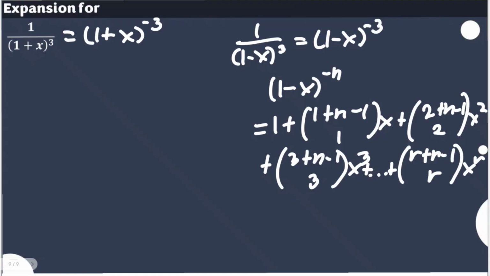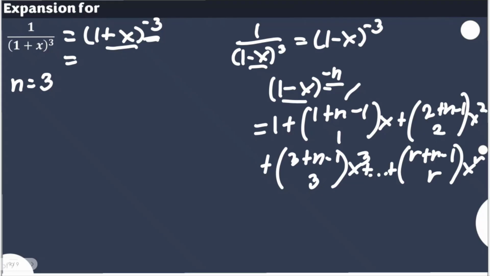Now let's talk about one of the very important concepts we need to understand here. Definitely we can use this, with our n being 3, not negative 3, because negative n is equal to negative 3. So we can substitute 3 here and so on. But one thing you need to notice is that this notation is actually plus x instead of minus x.